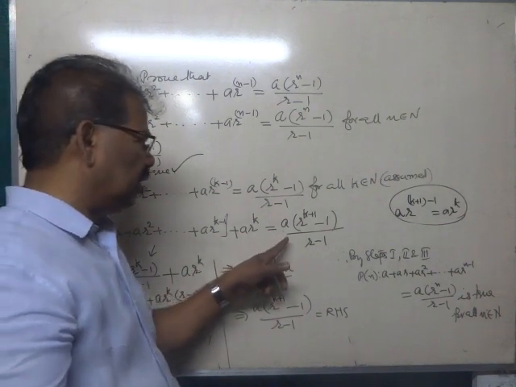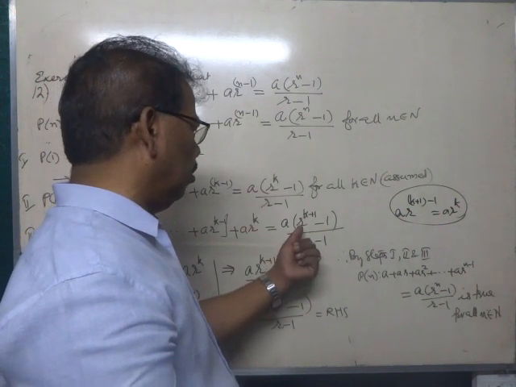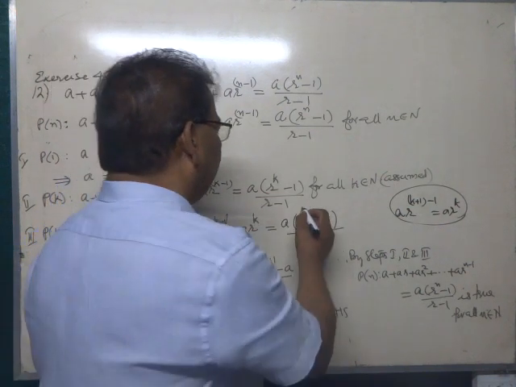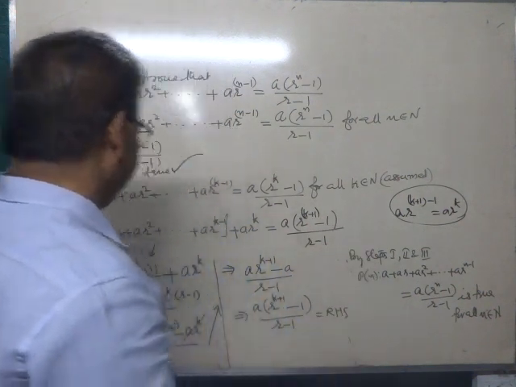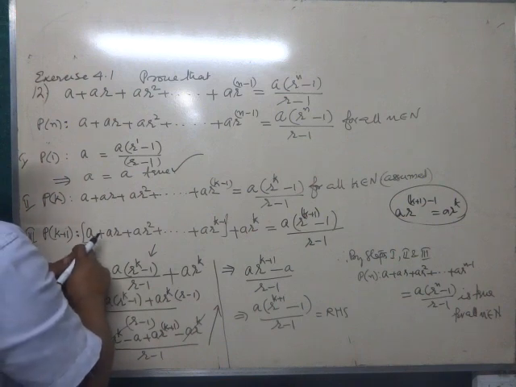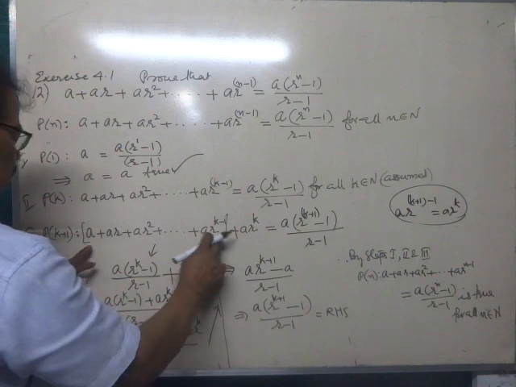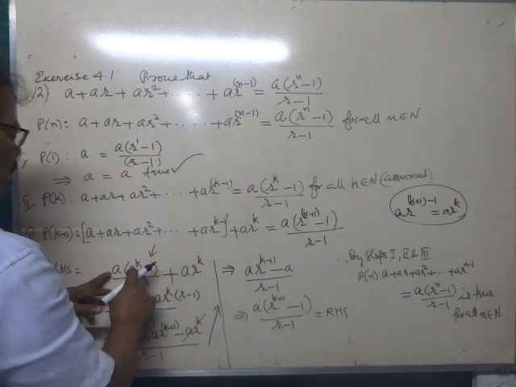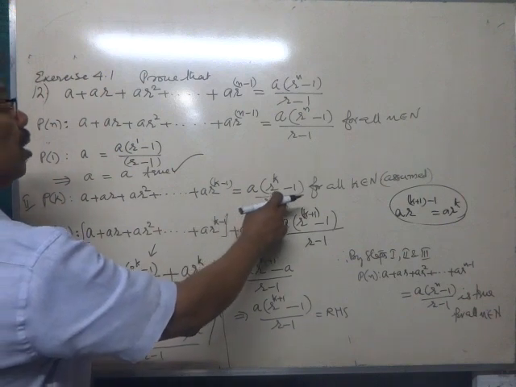Then the result must be, we have to replace this k by k plus 1, a into r raised to k plus 1 minus 1 by r minus 1. Now the portion from this term to a r raised to k minus 1 reduces to a into r raised to k minus 1 by r minus 1. How is it? So assumed.